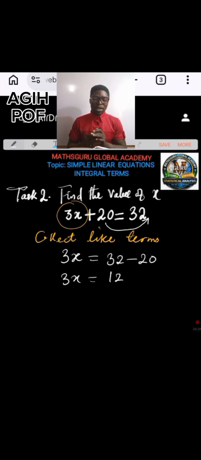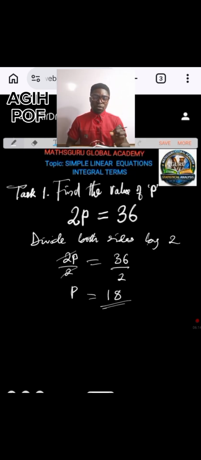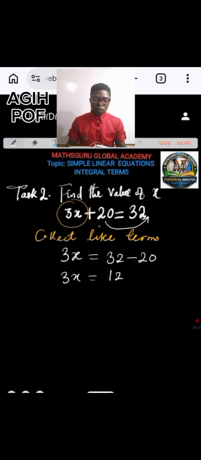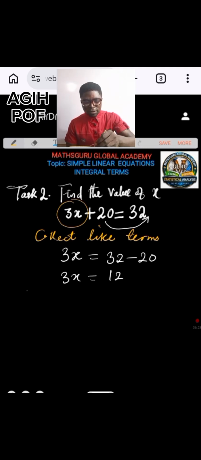How do we find the value of x now? Remember what we did here. p has a coefficient of 2, so we divided both sides by the coefficient. The same thing we're going to do here. So simply divide both sides by the coefficient of x. Let's do that.